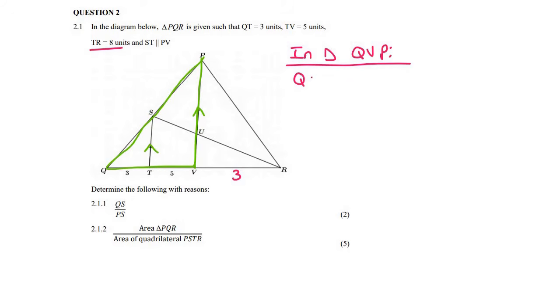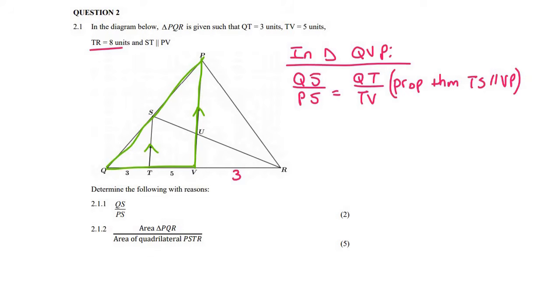It's QS over PS is equal to QT over TV, and that's just the proportionality theorem, because line TS is parallel to VP.